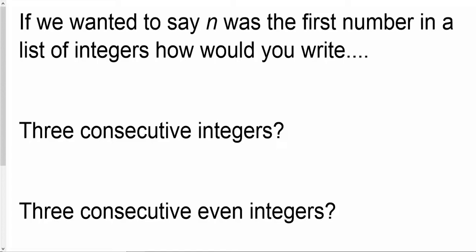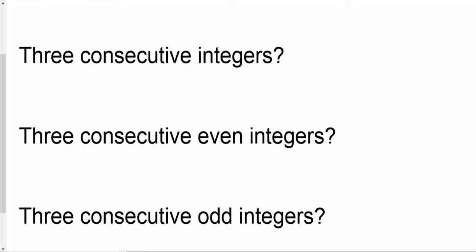So if we wanted to write 3 consecutive integers, and we want to say n is the first number in the list, then the first one's n, the second one's n plus 1, and the third one's n plus 2. Now, some people get kind of crafty here, and they say, well, what if I don't want the first integer to be n? What if I take the middle integer to be n?